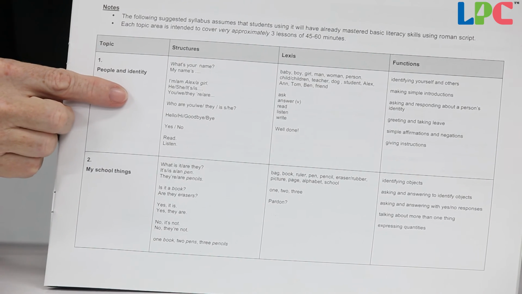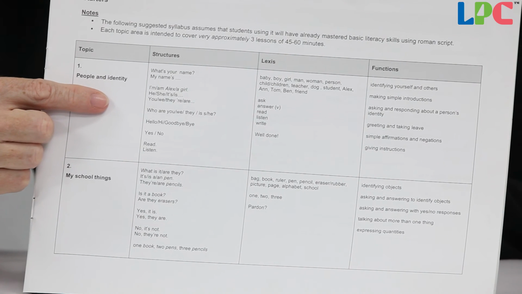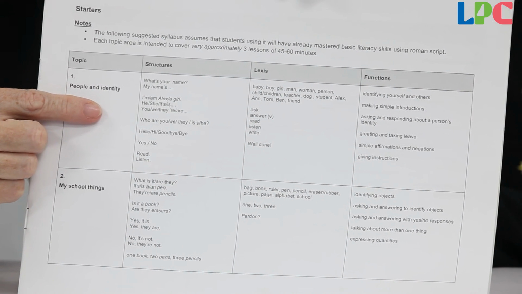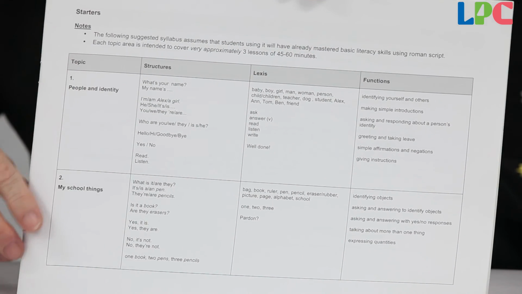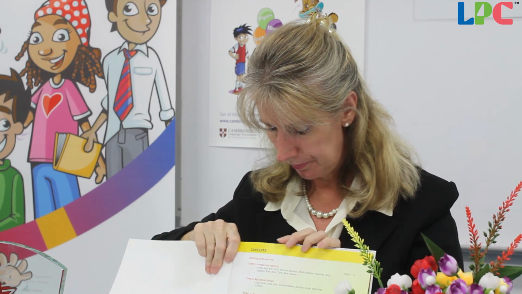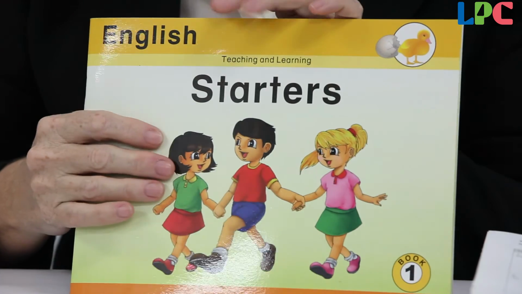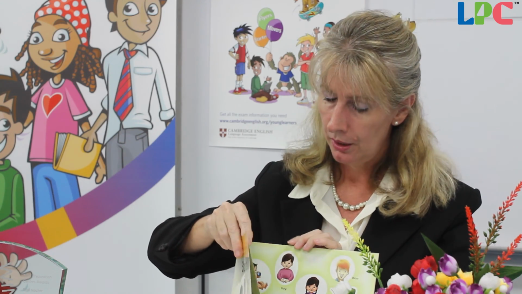you will see I am, you are, he is. But we don't teach grammar. We use these structures in our teaching and learning books that you can see here. Topic 1, 2, 3, 4, 5 in book 1 and topic 6, 7, 8, 9, 10 in book 2. Okay?